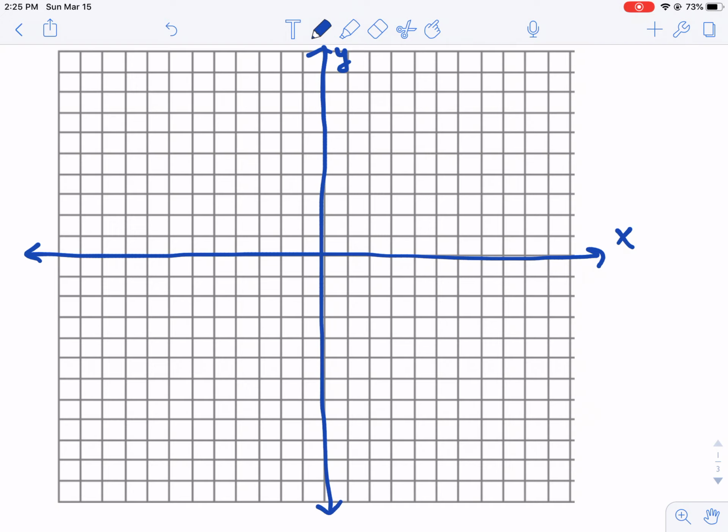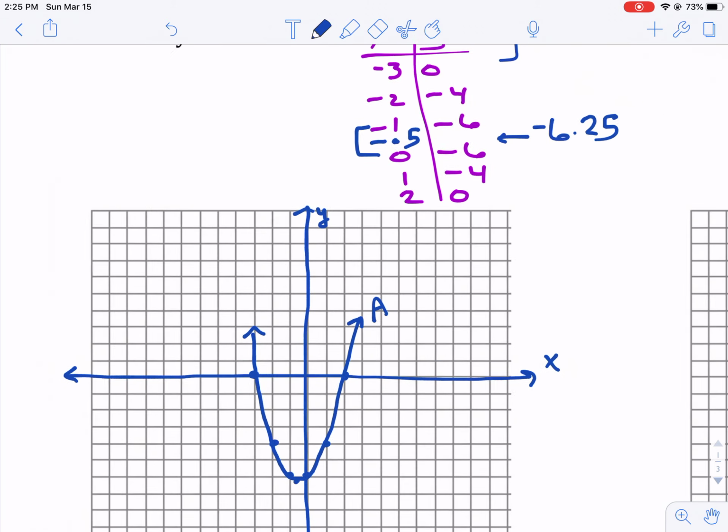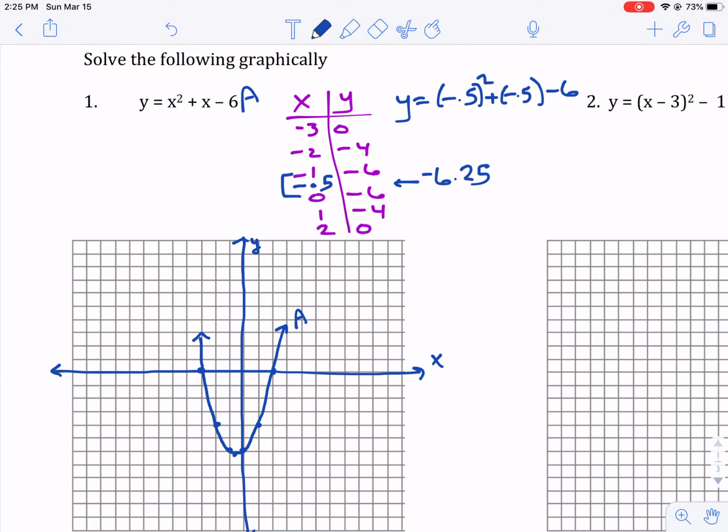So let's see, -3, 0, -2, -4, -1, -6, -0.5, -6.25, and 0, -6, 1, -4, and 2, 0. All right, make a nice curvy U shape. Put arrows on the end, and of course you should label it. So I'm going to call that graph A.